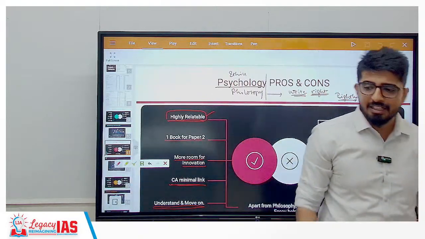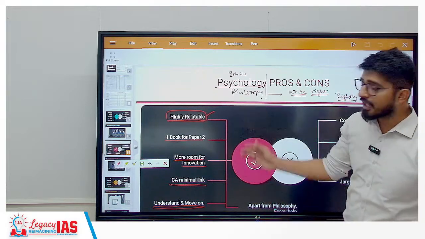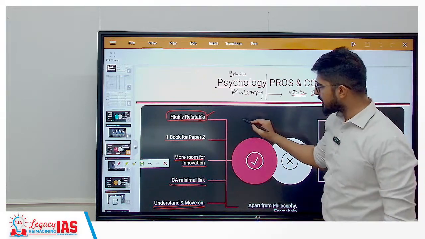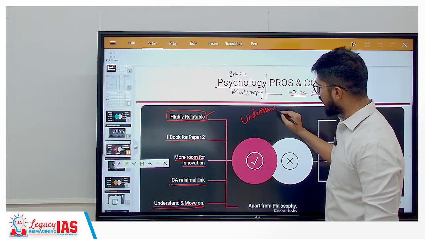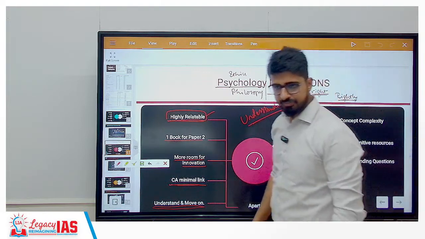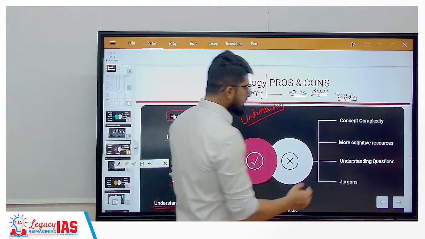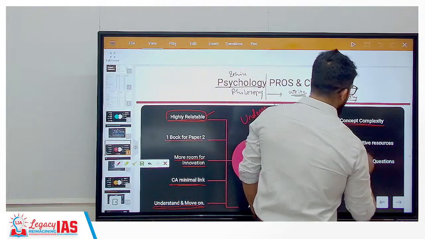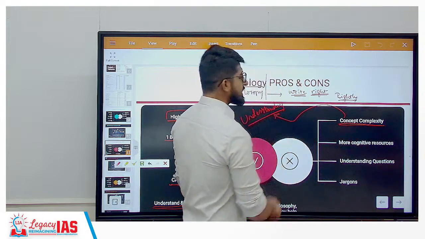So do not confuse understanding with easier. The subject is very, very easy? No, the subject is difficult because of the understanding part. Understanding the concepts is a bit more complex here. Okay. And next, the concept complexity. As I told you, because the concepts are complex, understanding becomes difficult.